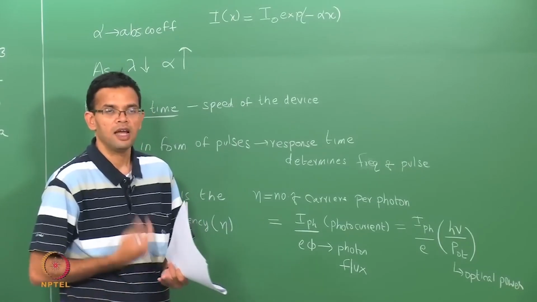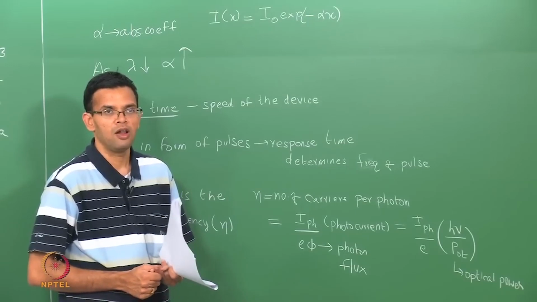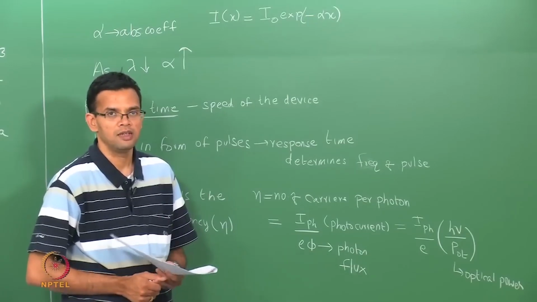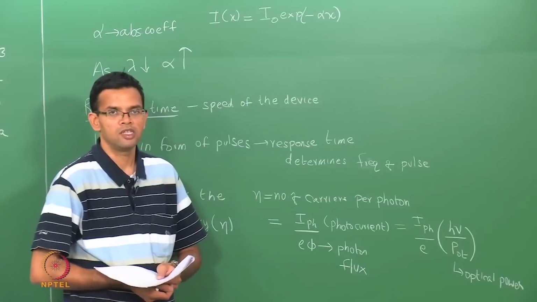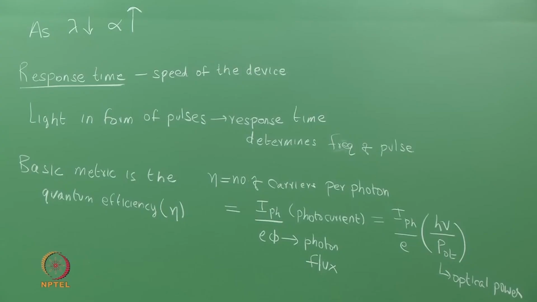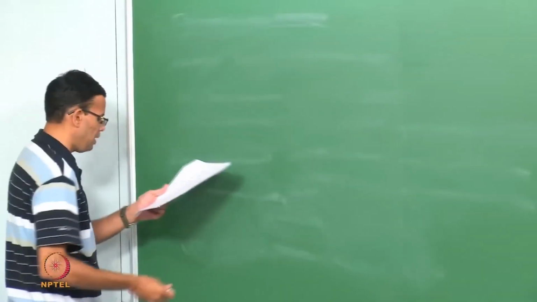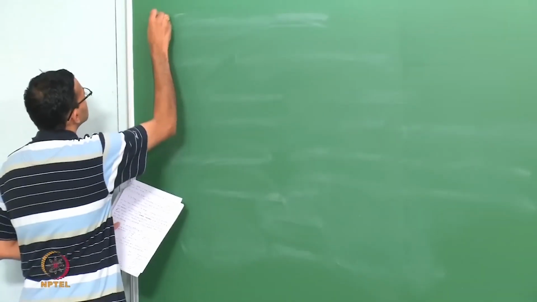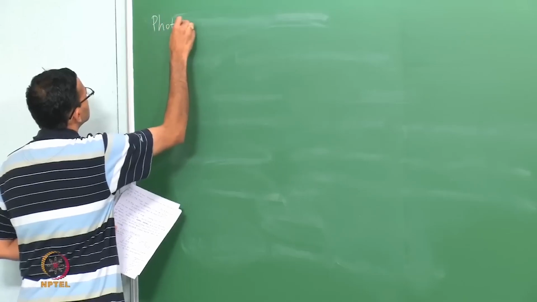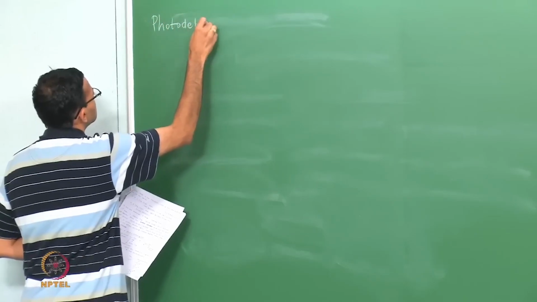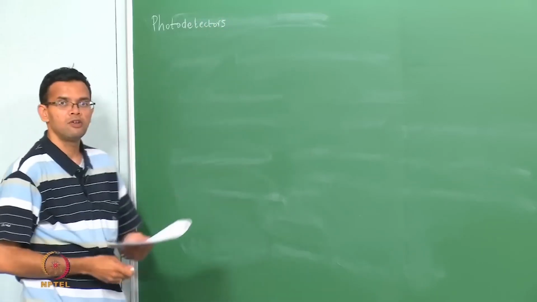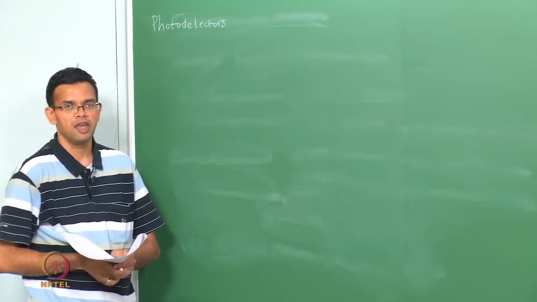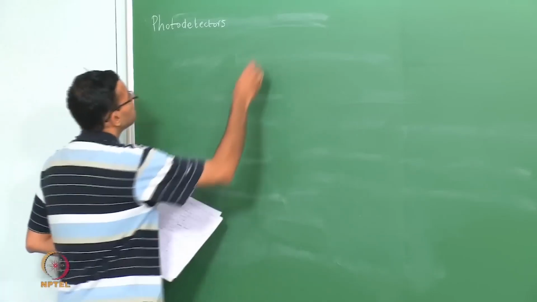Now, there are different kinds of these detectors, all having different values for gain and response time. So, let me just tabulate some of these types of photodetectors. We will look at some of the types of photodetectors, and then we will look at a comparison of their gain and the response time.